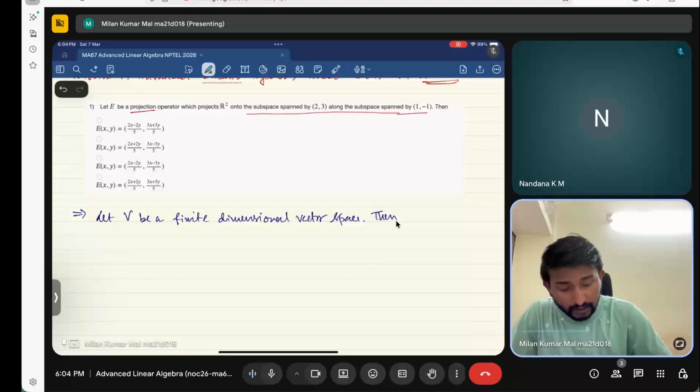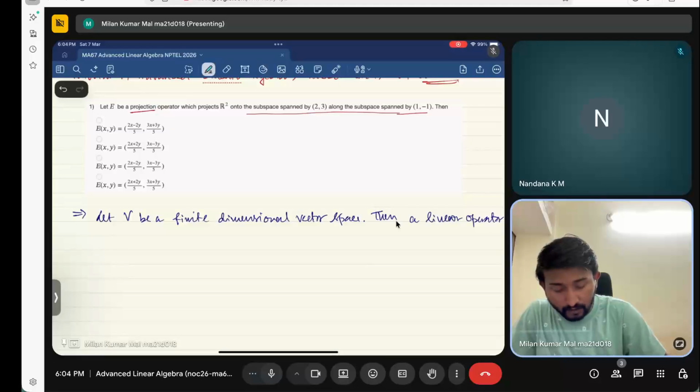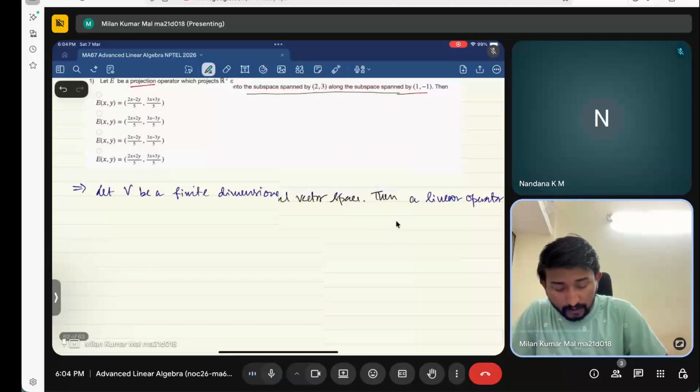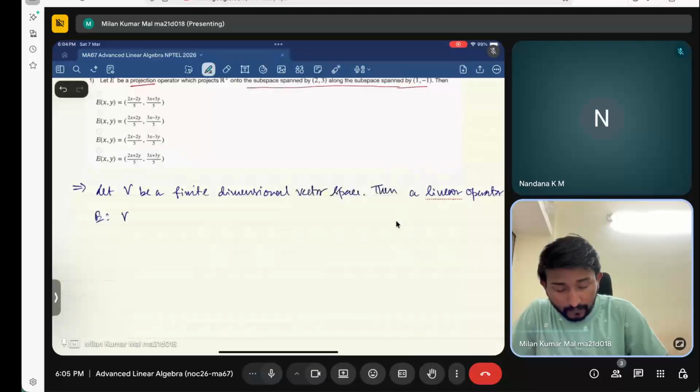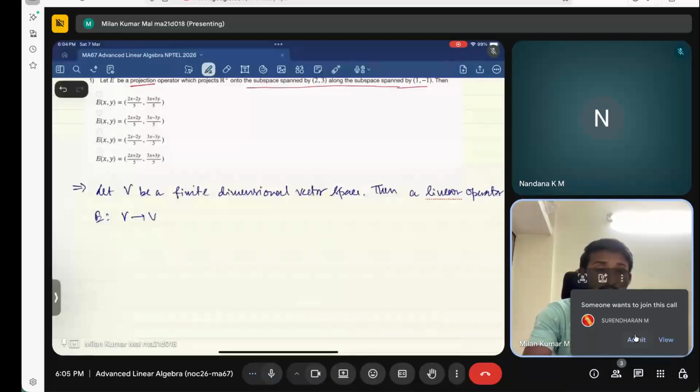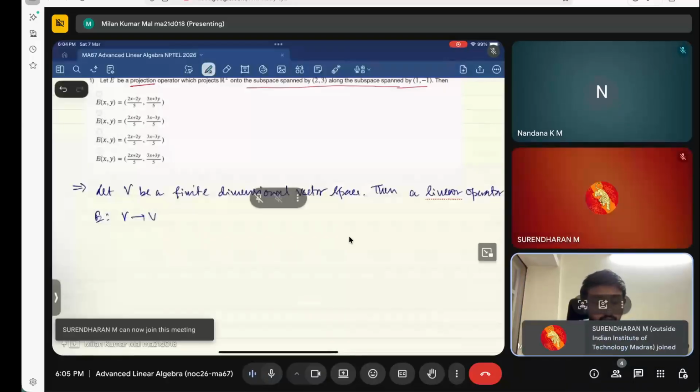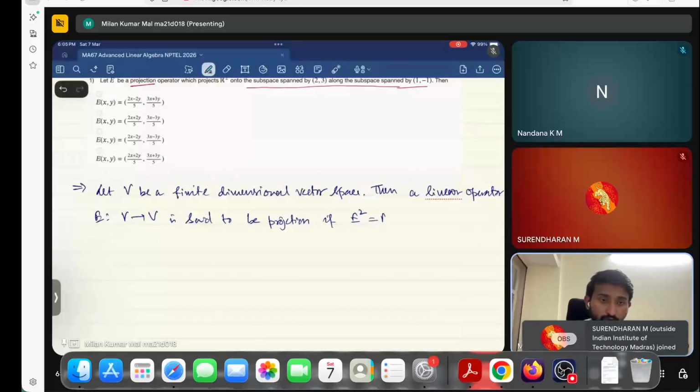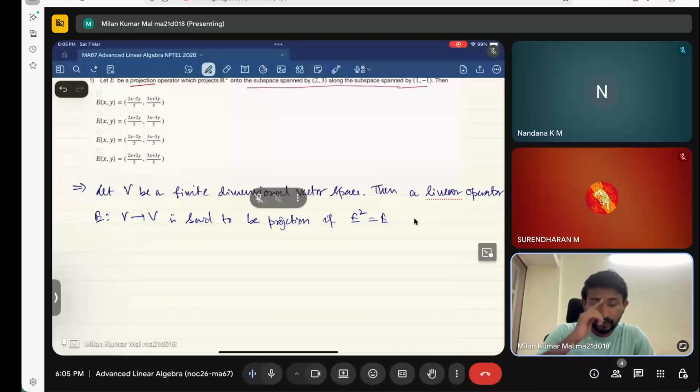Then a linear operator E from V to V is said to be a projection if E square equals E. What do I mean by E square? E square means the composition of E with E itself. So this is what is meant by projection.